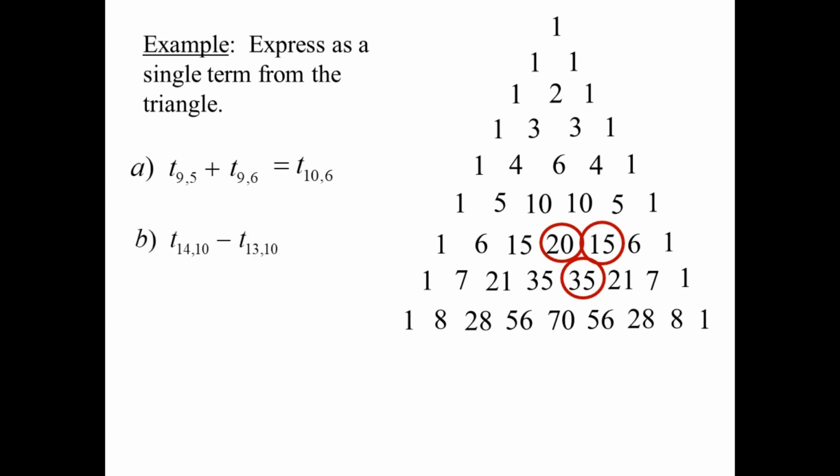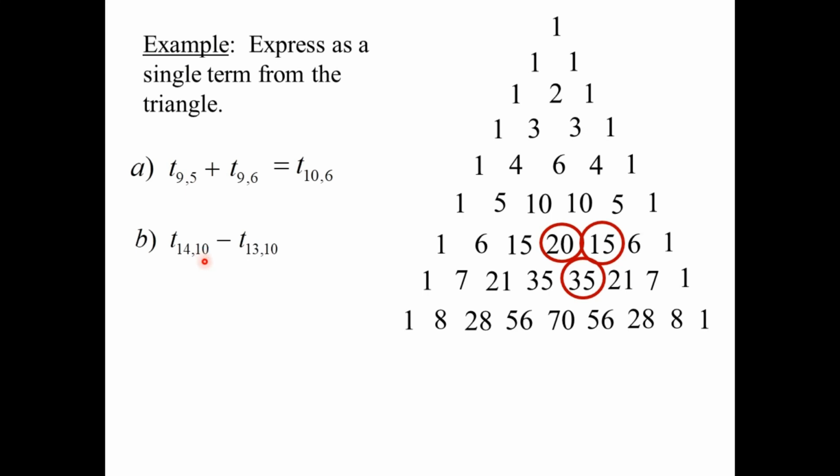Let's try another one. T sub 14, 10 minus T sub 13, 10. So this is subtracting. We notice here that 35 minus 15 is 20, and 35 minus 20 is 15. So when you subtract this way, you get 20, and when you subtract this way, you get 15. And here we're subtracting from the 14th row something in the 13th row.